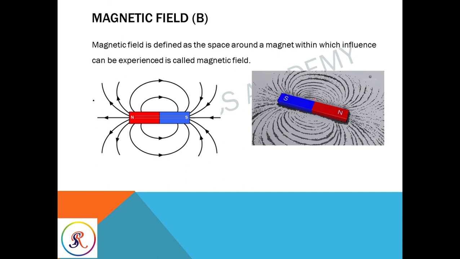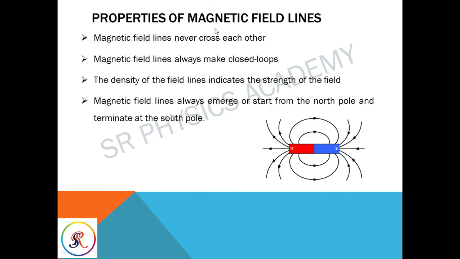The number of lines is visible. So only the magnetic field can we physically see, compared to the electric field. For the magnetic field we use the symbol B. For the electric field, what do we use? E. Now, what are the properties of the magnetic field?